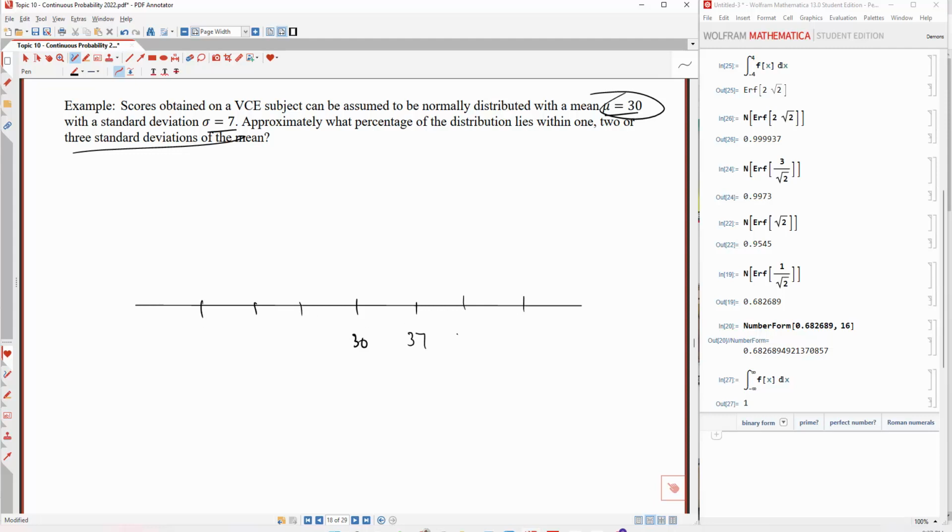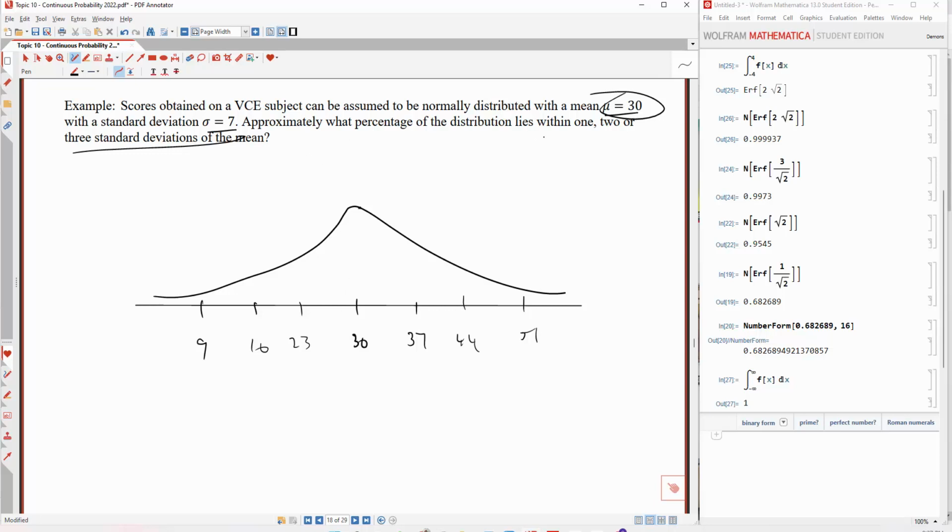That's 37, 44 and 51. 23, 16 and 9. Alright, so the bell curve, let's give ourselves a target. It has to look something like this. Now it should be symmetrical. Mine's not, but this is just giving us a quick idea of it.